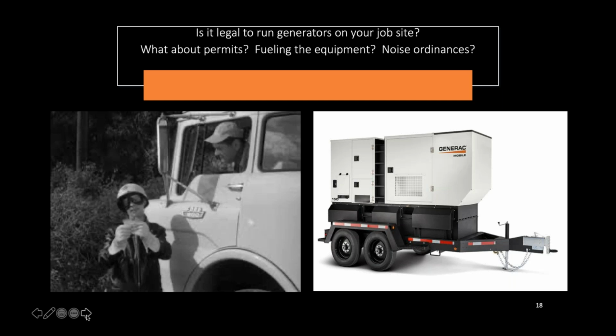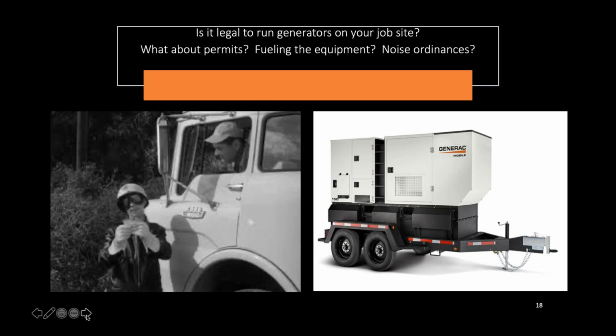When they're doing the permitting, they're looking for 2 or 3 different things. They're looking at water. They want to make sure the water stays clean and we don't have any spills or anything. They're looking for noise ordinances. They're looking about fueling of the equipment.